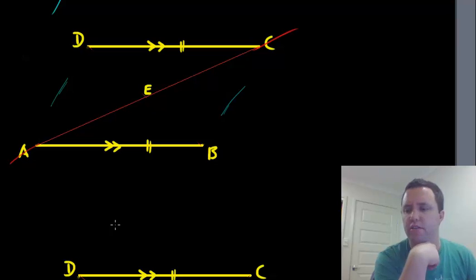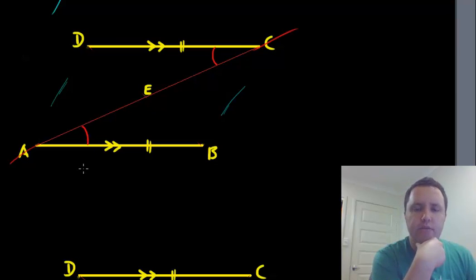So what that means is that I can categorically say, without even having to worry about it, that this angle here and this angle here are equal because they are alternate angles across a transversal. Okay, so they're on alternate sides of the transversal and in the same kind of spots, so that means that they are, without a doubt, equal to each other.